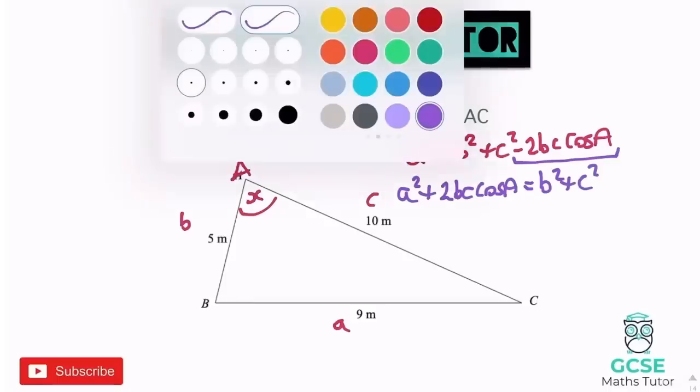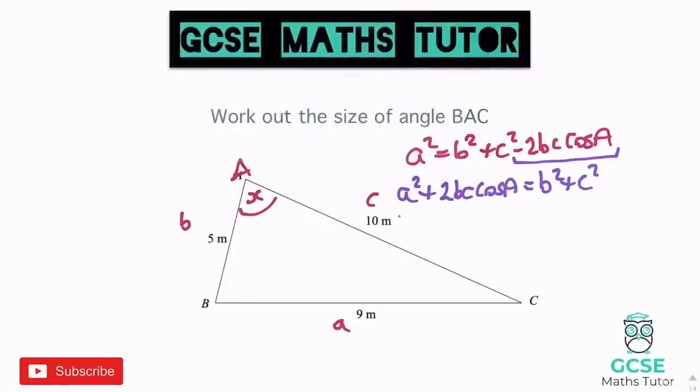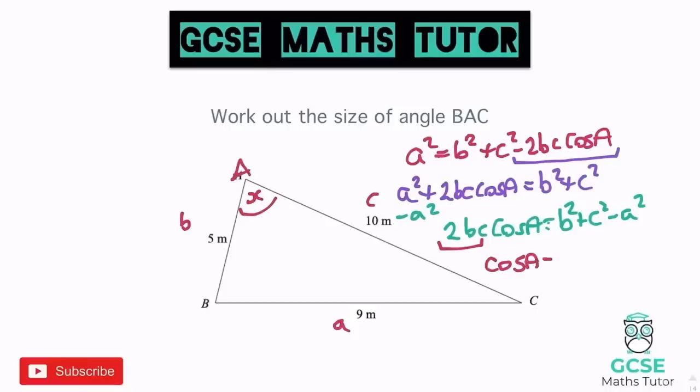Now I can get rid of that a squared, so we can minus a squared from both sides, and you get 2bc cos a equals b squared plus c squared minus a squared now. And now you can finish off this rearrangement. You can divide by 2bc just to leave you with cos a. So cos a equals b squared plus c squared minus a squared over 2bc. It's up to you.